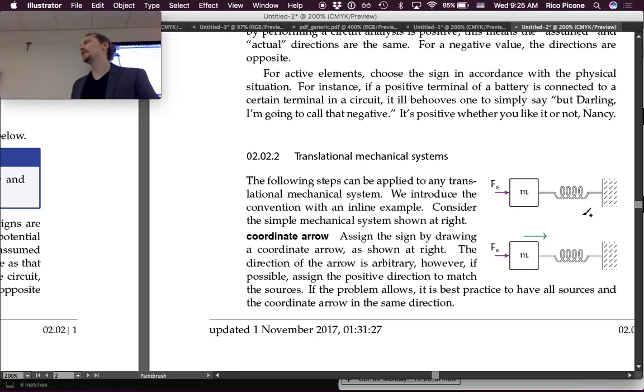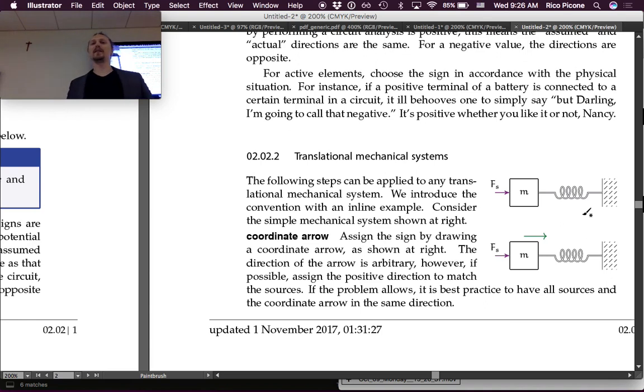In an electrical system, you're stuck with like the plus and minus terminals of the source. In a mechanical system, oftentimes a force source is there to represent like some input interaction with some environment, and we can often assign the sign of the source in any direction that we want.